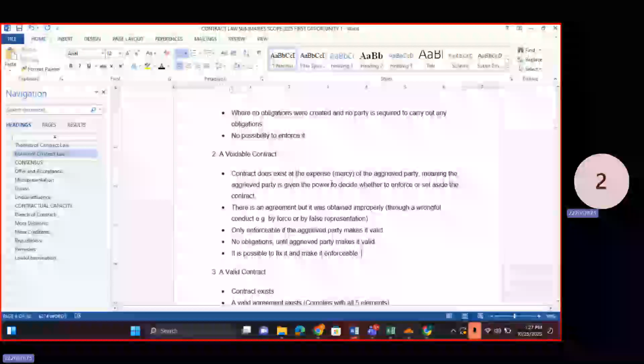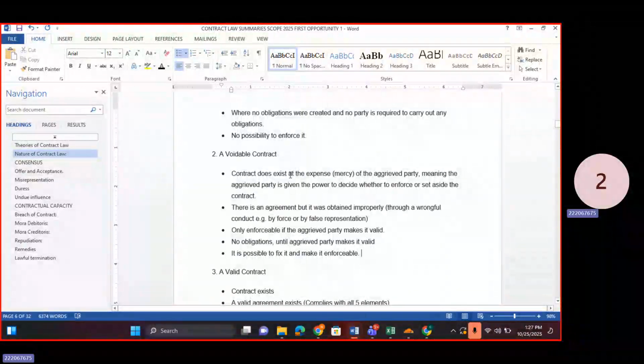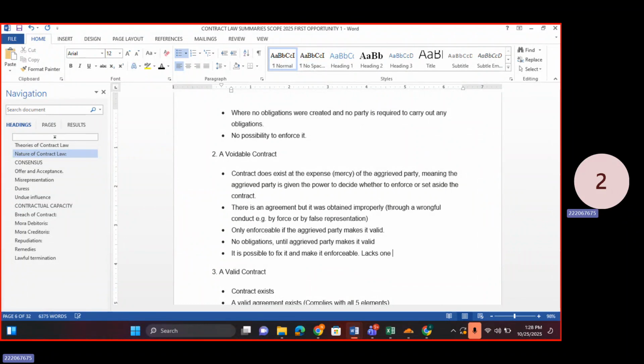And the only way you can fix it is at the expense of the aggrieved party, meaning that you usually lack permission to conclude it. And that's why in the scenario that we did about the boy who was 13 years old, who entered into a contract with a 25-year-old, it's an avoidable contract because they can fix it. How can they fix it? The parent can consent. The parent can give that last permission. So under avoidable contract, it usually lacks one permission.